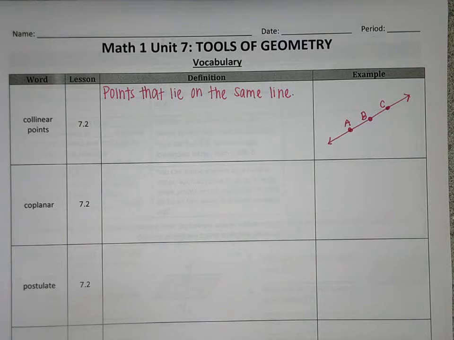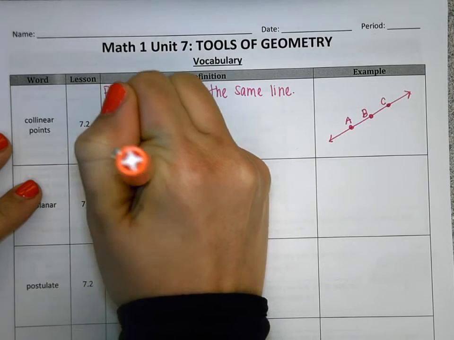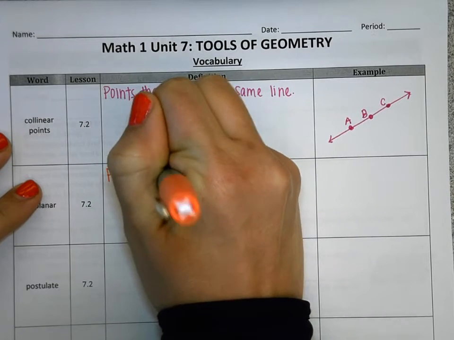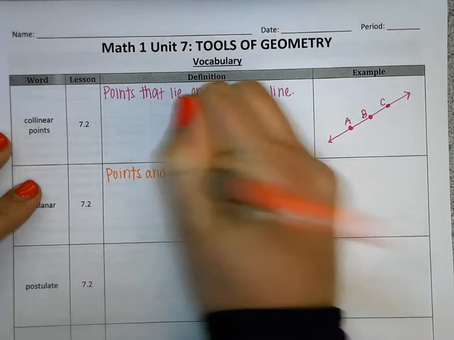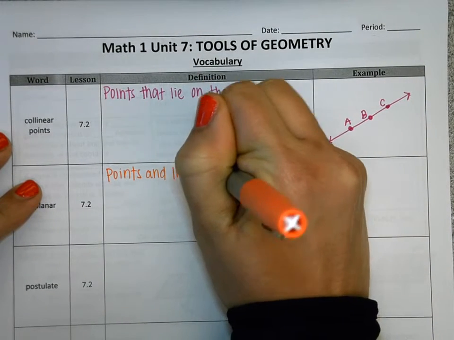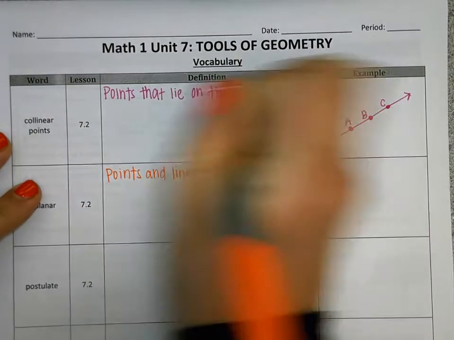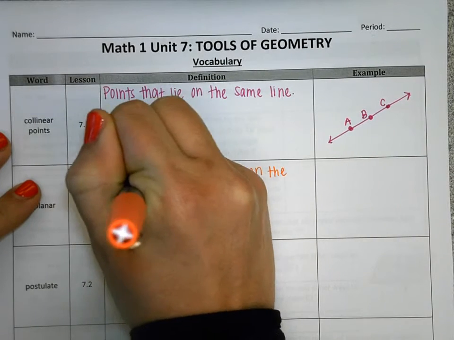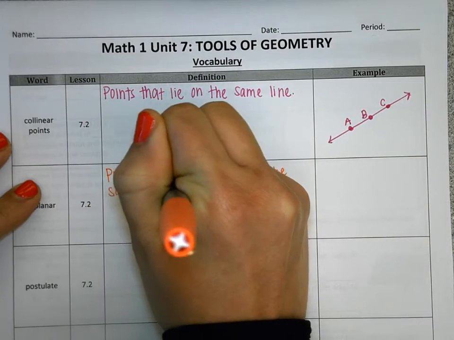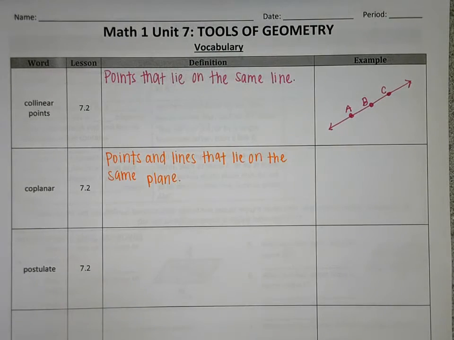We also have what's called coplanar. Coplanar are points and lines that are on the same plane. So when we get into the notes, we're going to talk about points, lines, and planes to start.